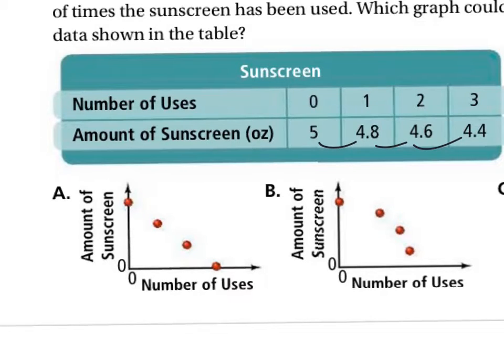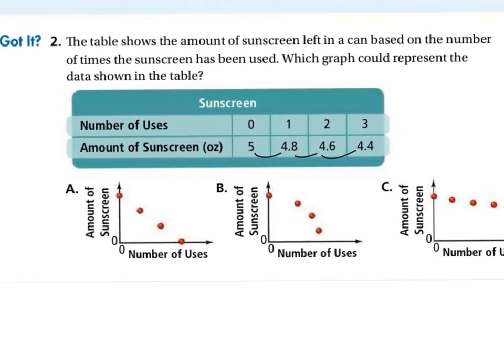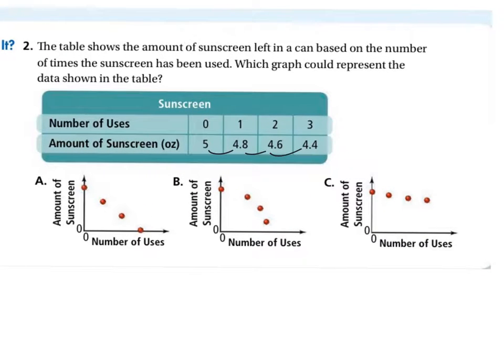It's actually decreasing at a constant rate. We're losing 0.2 of an ounce for every time we use it. So one thing is, since it's a constant rate, we should have a straight line. Also, it's not going down very quickly. So pretty much a straight line, not going down very quickly. That would be choice C.